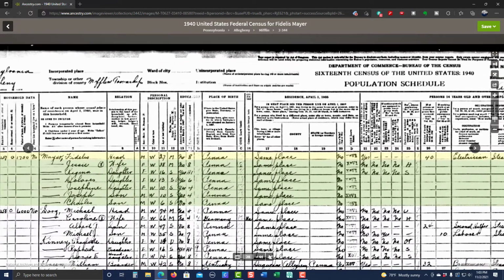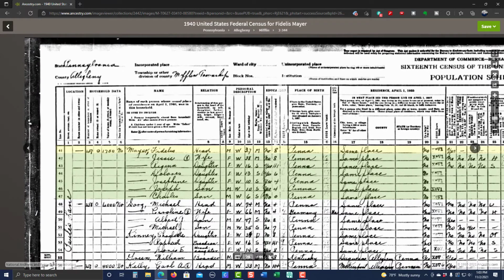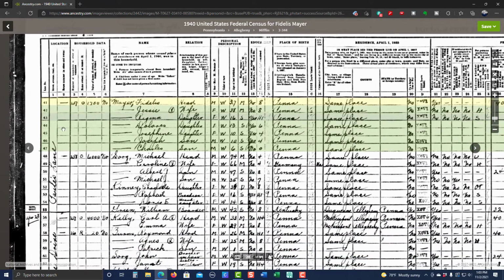All right, let's go down to the meat of it. Now, here you'll see all the way across the top, it'll tell what the different columns are for. Over here on the far left, you can see written vertically is the name of the street that these people are on.